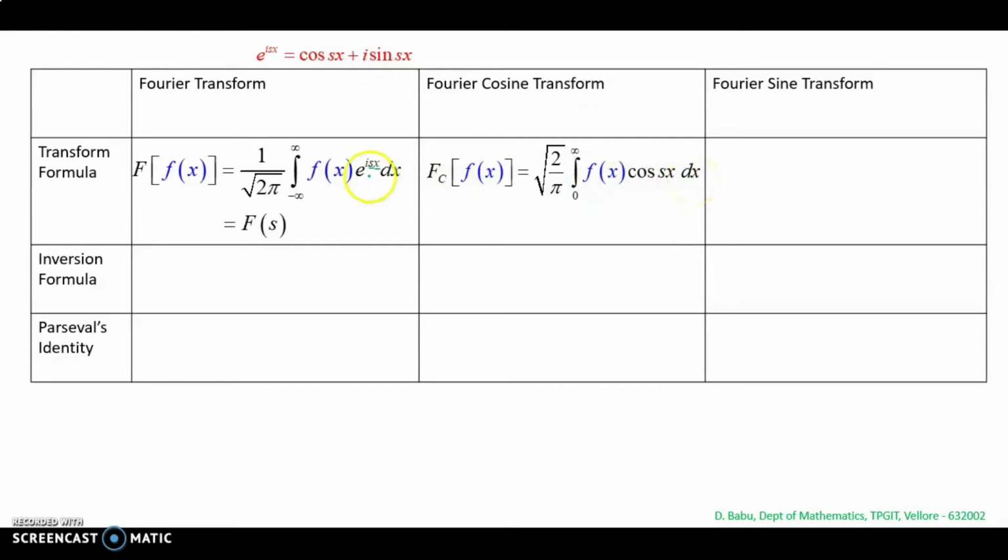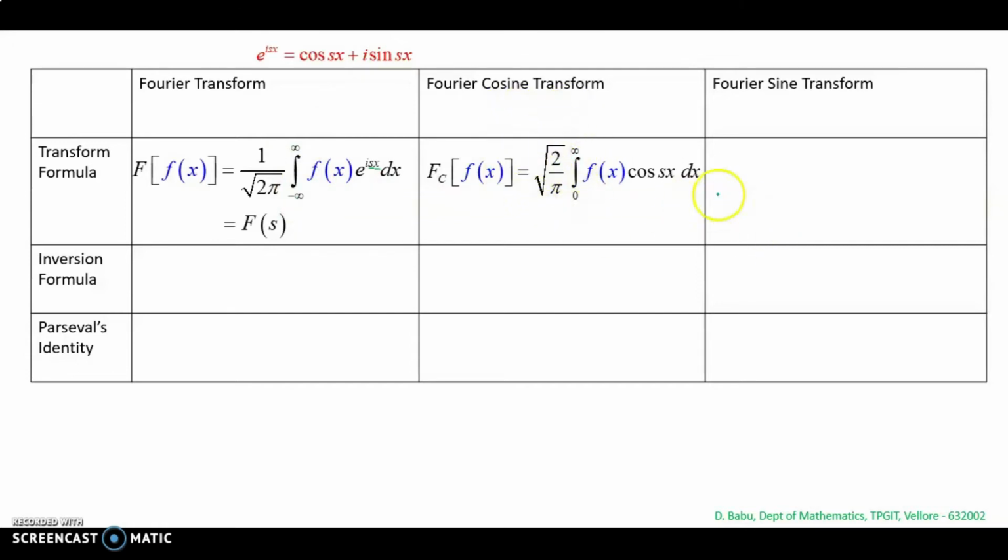Here e power isx, here cos sx; here the coefficient is 1 by square root of 2 pi, here the coefficient is square root of 2 by pi; here the limit is minus infinity to plus infinity, here the limit is 0 to infinity. So this is called the Fourier cosine transform formula.